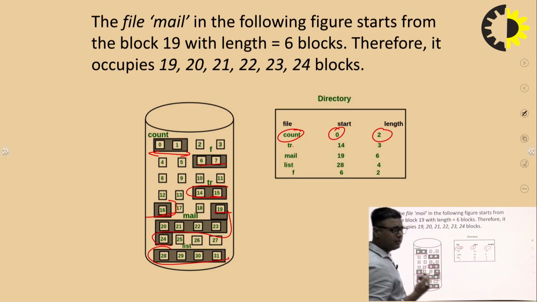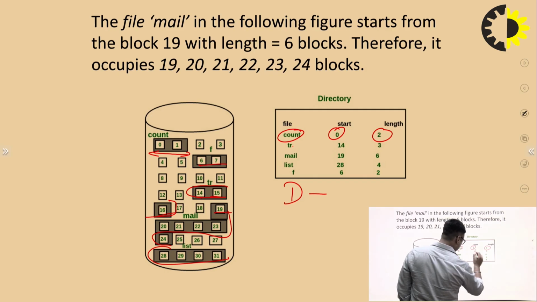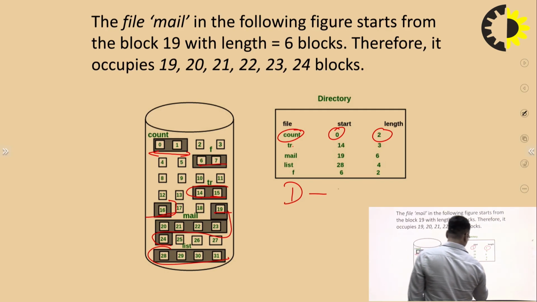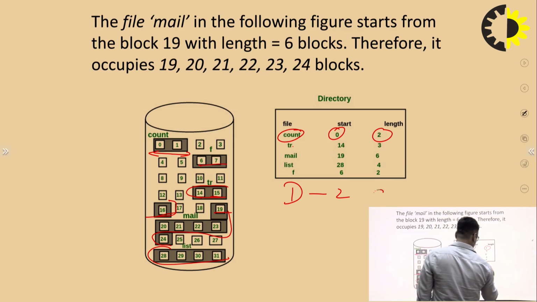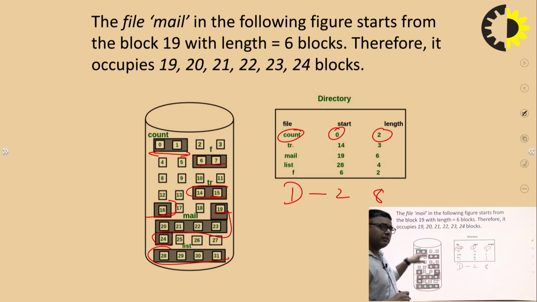Suppose one file is D, the starting position is 2 and the size is 8. Can I insert it in this position? No. But space is available on the whole disk, because positions 2, 4, 6, 7, 8 are free, but you cannot use them. That is called external fragmentation.